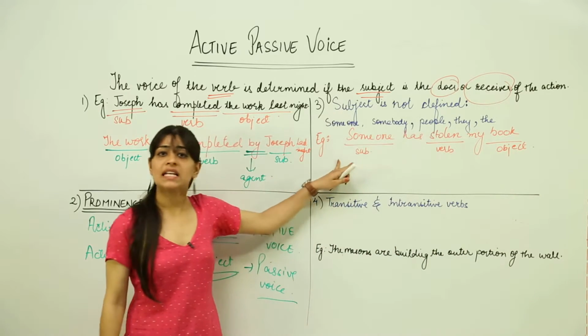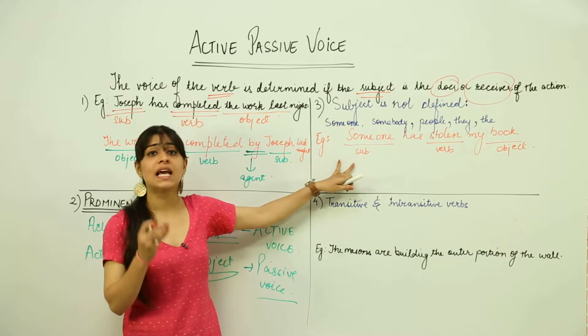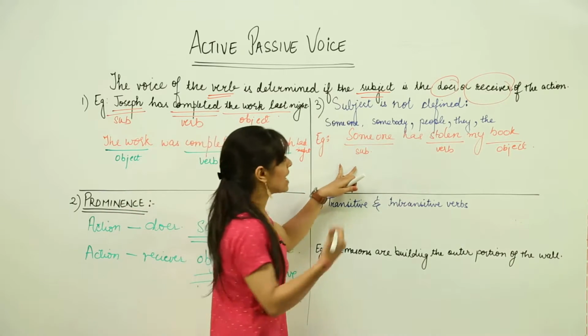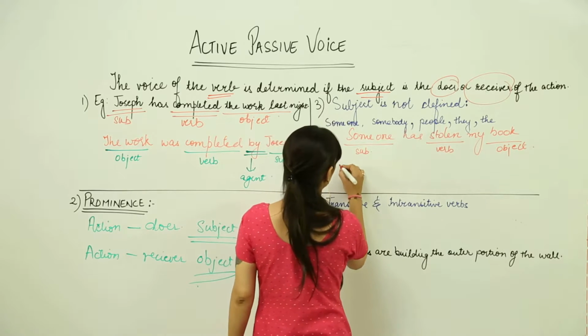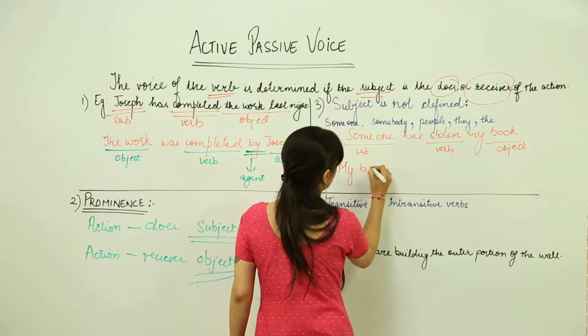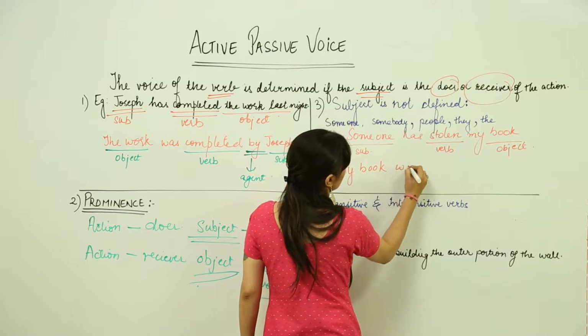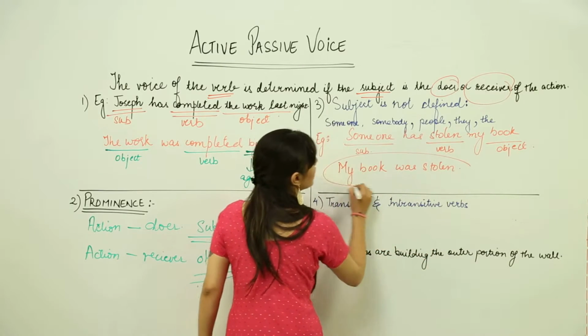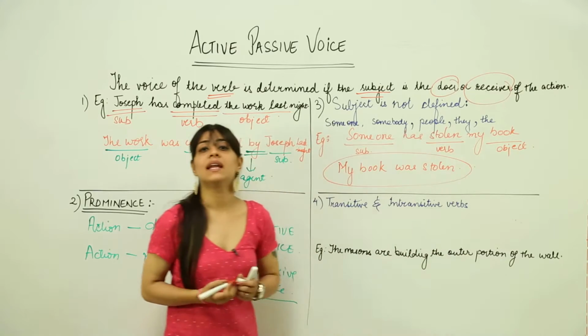Now someone is not definite here, it is not clearly defined. So in this case we tend to use the passive voice. Let's understand this. How? My book was stolen. This is what we generally tend to use.